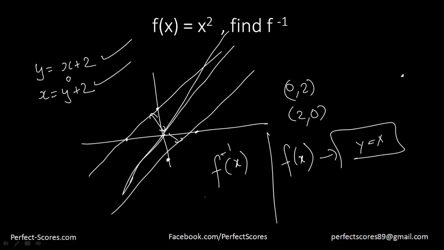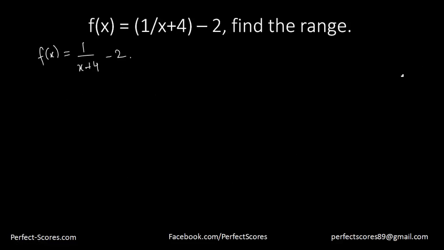Now going back to the same question, that is, find the range of this. So range is the set of all the output values, that is, the set of all y values.